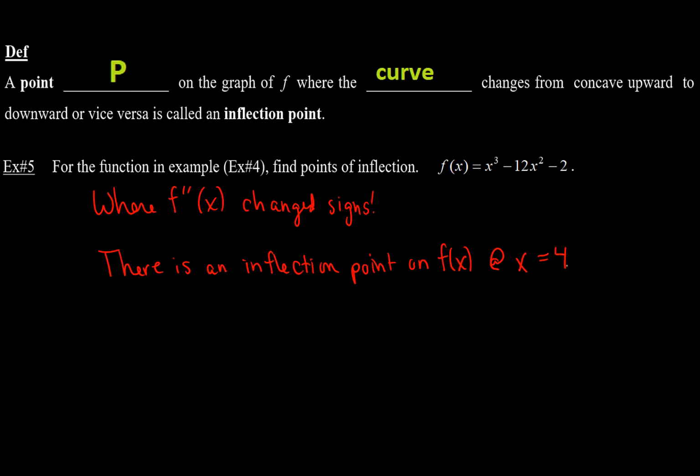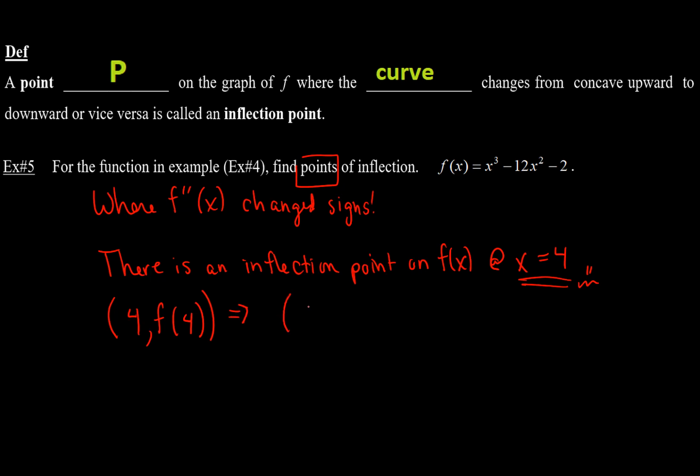at x equals 4. Okay, now it did say that they wanted the point, so I'm thinking I want more than just the x coordinate. So I need to take the 4 and plug it into the function so I can figure out what that point is.